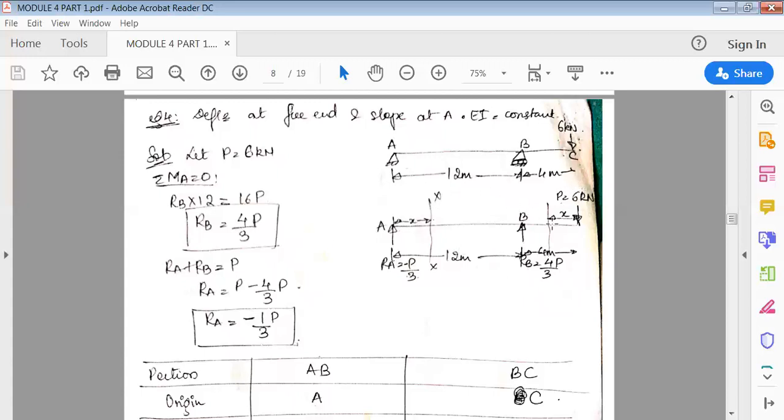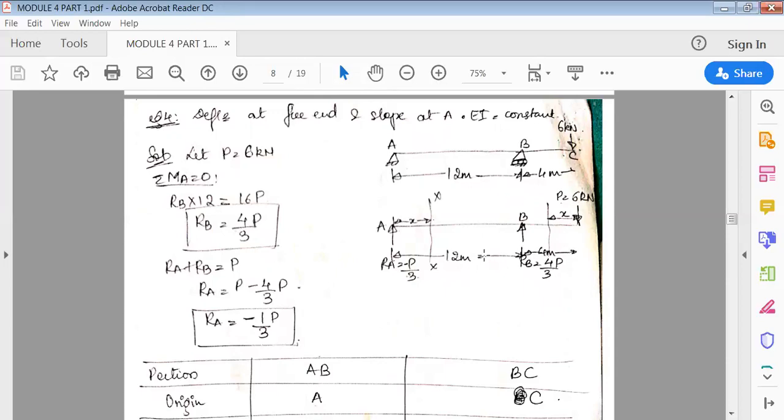RB is going anti-clockwise, and P is 6 kilonewton, but we'll not take it as 6, we'll take it as P here. So RB into 12 is equal to 16P. So then find out the value of RB. So RB is equal to 4 by 3 P.